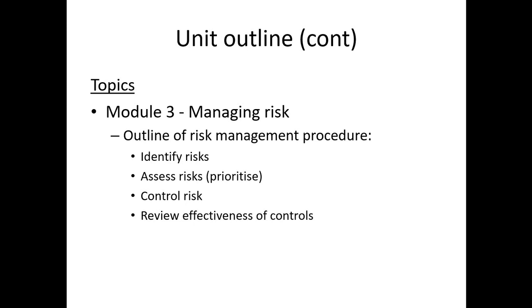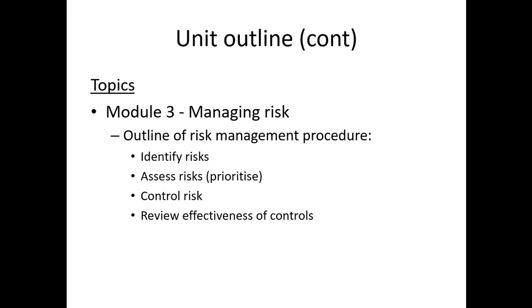Now, to manage health and safety risks, there's a general risk management procedure which gets used in a whole range of different settings, but it's used with particularly good effect in health and safety. It's got 4 main steps of work out what our risks are, try and assess them and prioritise which are the most important ones for us to address straight away, and then our 3rd step is to put in place controls.